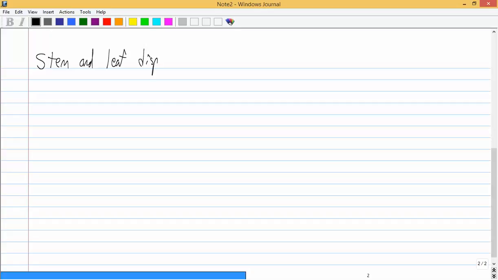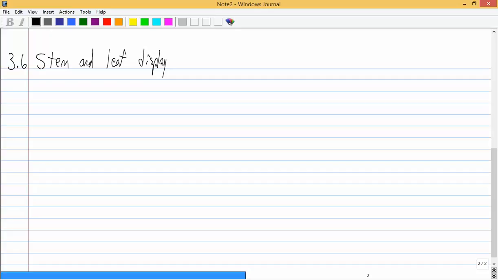3.6 is on the stem and leaf display. Stem and leaf display, if you really have never heard of it, is a little confusing at first.